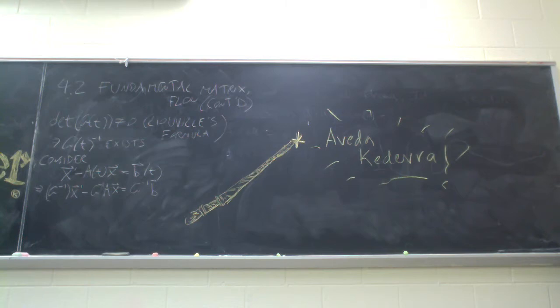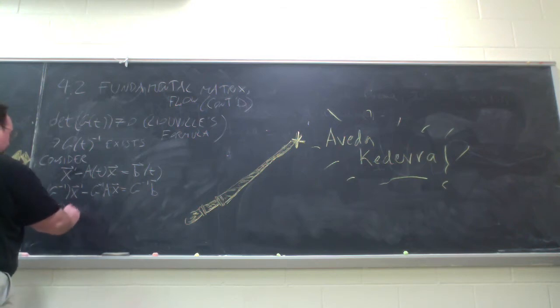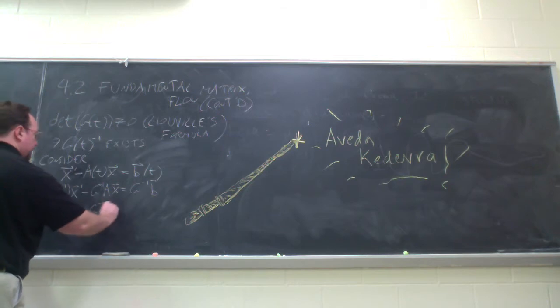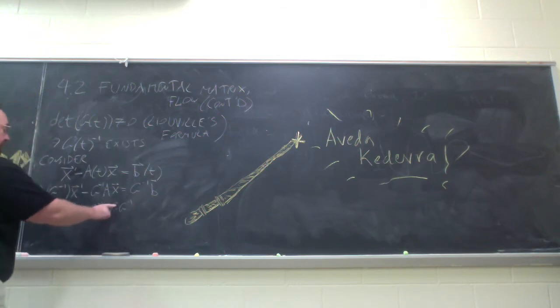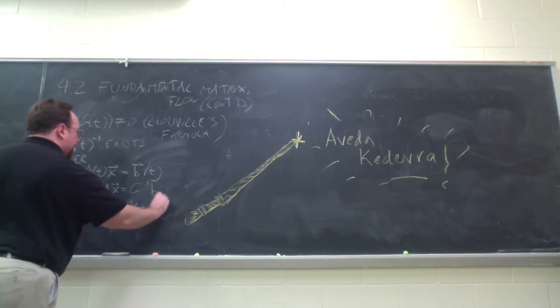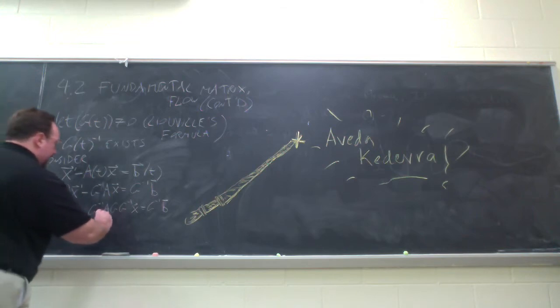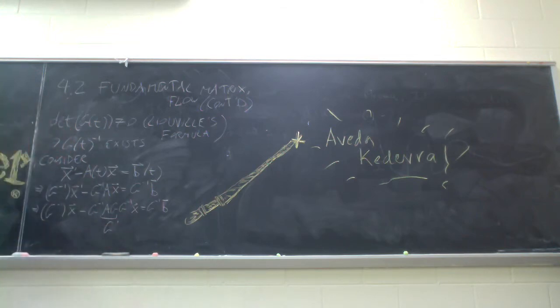Now the next thing I'm going to do is, in here, multiply by G and G inverse, which cancels out, so it doesn't change anything. So basically, it's a matrix version of a multiply and divide trick. And the reason I'm going to do that is one of the properties of the fundamental matrix is that this right here is equal to G prime.